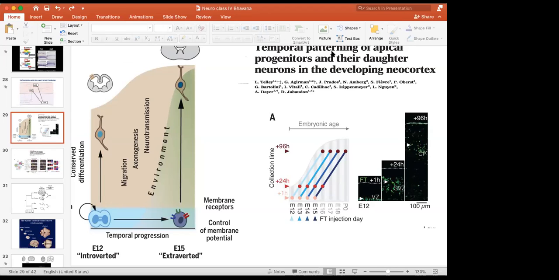So Yojit, can I ask you why you said that a lot of these, apart from division, all these mechanisms are different? What I gathered was that in terms of differentiation, once you have these proliferative cells, the neuroblasts or NSEs in mammals, neurons are generated first, and then gliogenesis happens.